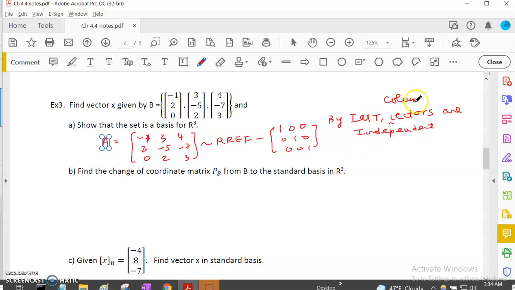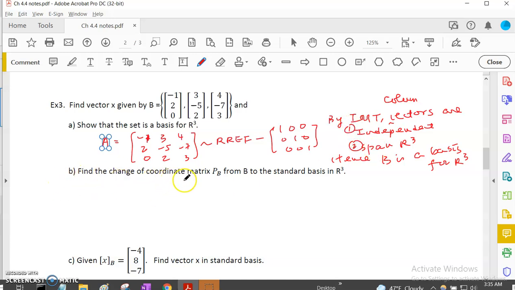I forgot one of the condition numbers, but also they span R3. Hence, B is a basis for R3, because those are the two requirements, 1 and 2.